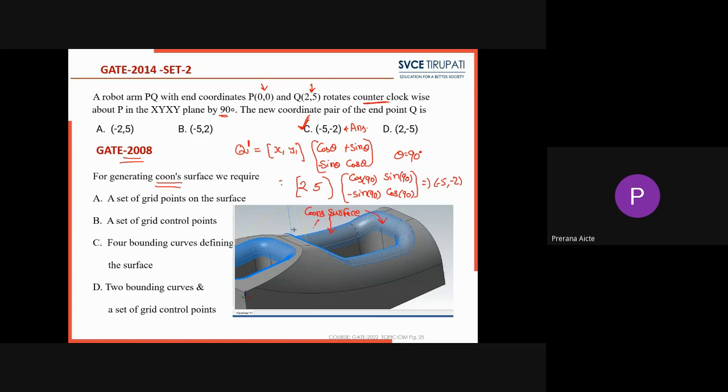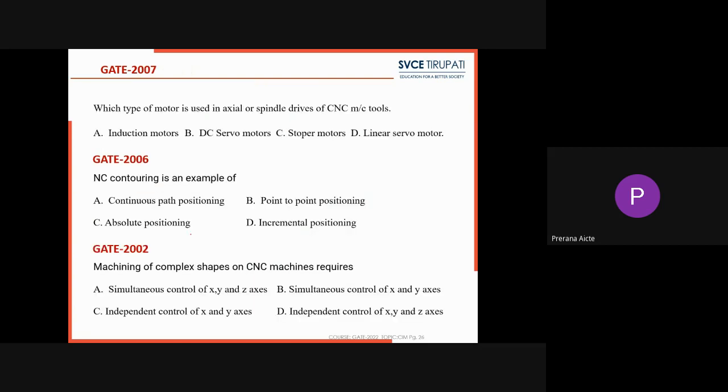If you take a cylinder-type object for a surface, it is a cone surface. For a cone surface, we require a set of grid points. By joining a set of grid points, we can create a cone surface. So to create a cone surface, we need a set of grid control points.